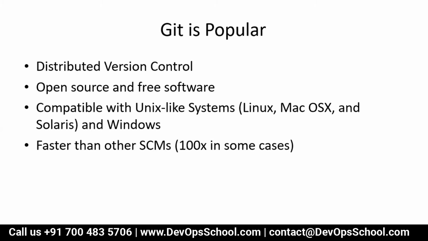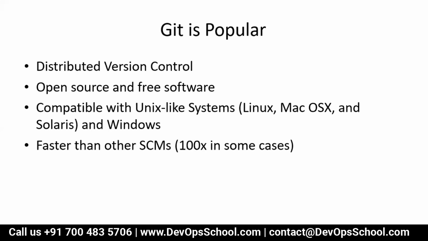Now the question is, what is distributed version control? We'll discuss that in some time. But let me complete these slides at least. So Git is compatible with all operating systems, including Linux and Windows. Git is also faster than other SCMs.